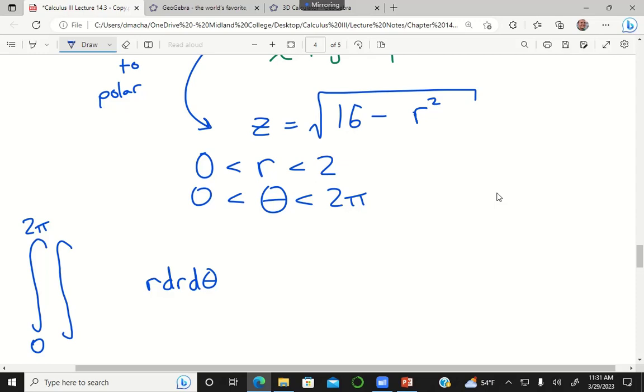So that's going to go from 0 to 2 pi for my outer integral. For my inner integral, I'm integrating with respect to r, and so my lower bound and my upper bound for my radius are going to be 0 and 2. And then my integrand is going to be the surface, where we're trying to find the volume under the surface, and so that's going to be the square root of 16 minus r squared.